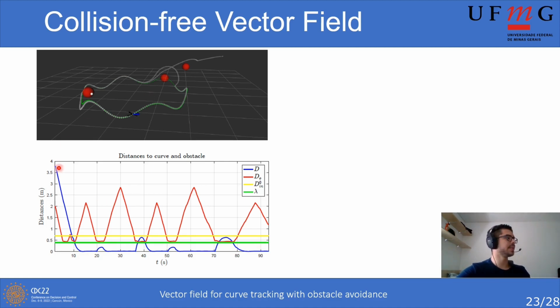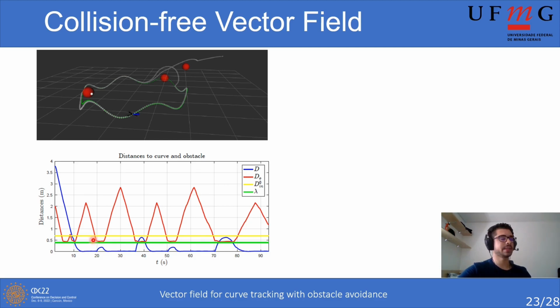So at first we see that the system starts far away from the curve, around 4 meters from it, and it starts following the curve. So the distance to it is decreasing, and it converges to the curve. But at some point, an obstacle approaches the system, and its distance is below the threshold.